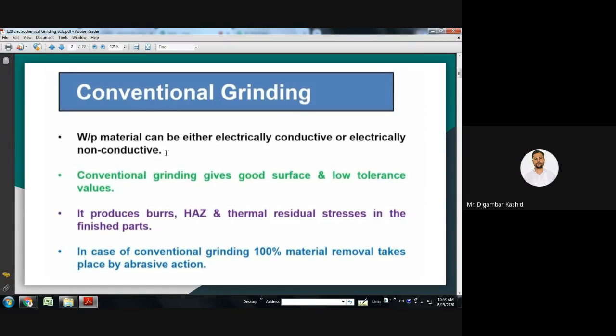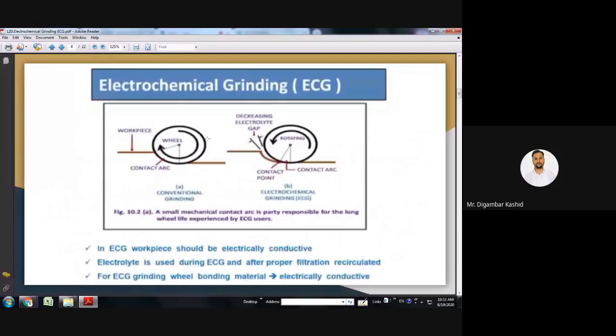Now come to electrochemical grinding. In this electrochemical grinding operation, 90% of the material removal takes place by the grinding operation.